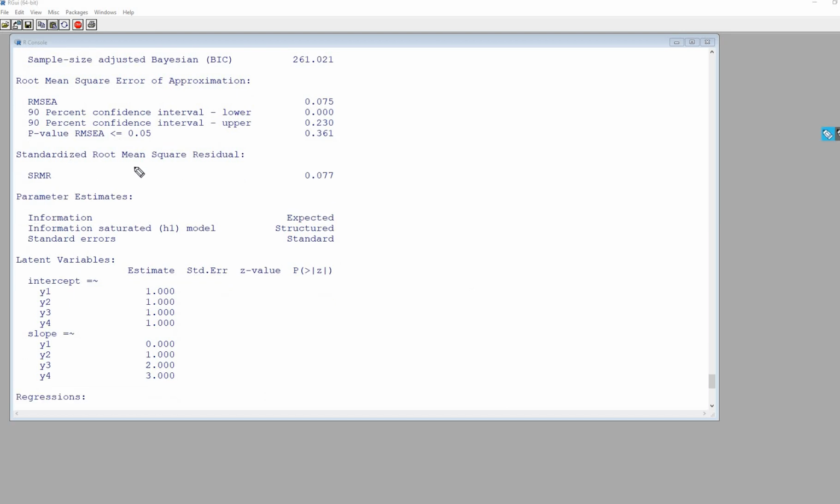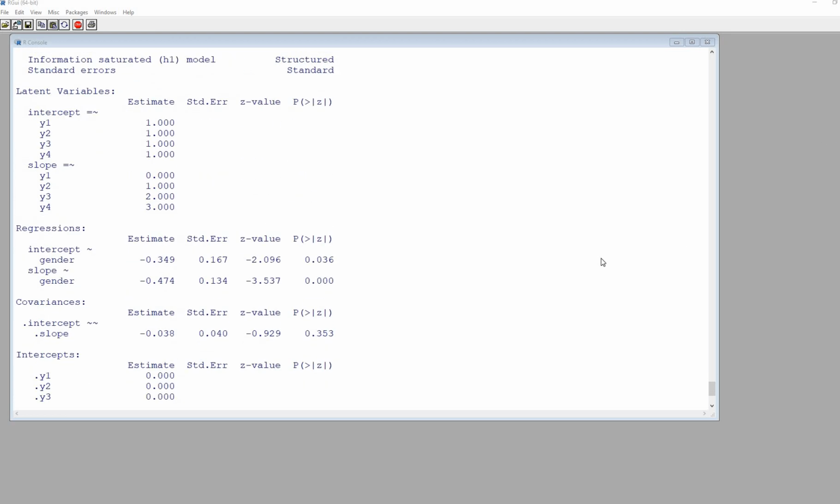We also have the standardized root mean square residual, the SRMR. It's 0.077, which is a little bit on the high side. Values that are around 0.05 or below are generally considered indicative of good fit. So as we scroll down, you also see where we've specified our factor model and the fixed factor coefficient.